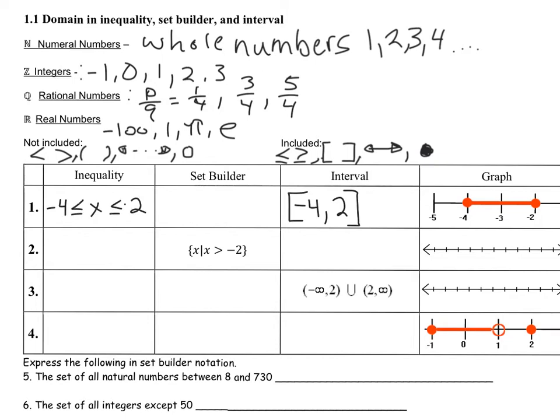So what this means is x can't go past -2, right? It has to be less than -2, or it could be equal to -2. However, what we notice is x could be bigger than -4, right?